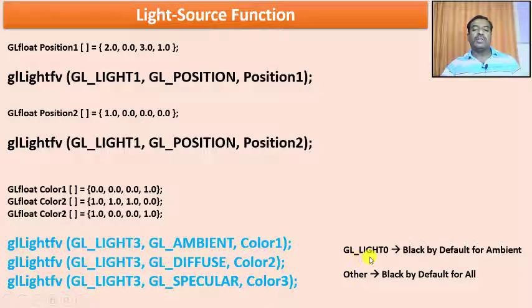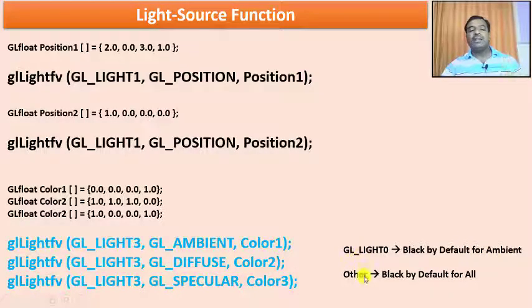For GL_LIGHT0, if I'm going to use the first light source, and if I don't use any of these functions, by default the ambient is going to be black color. For the diffuse and specular it's going to be white by default, only for GL_LIGHT0.